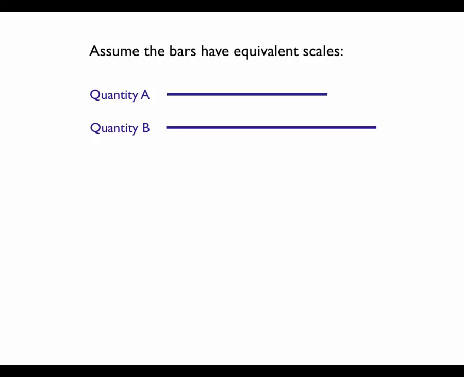When I say quantity A, I'm talking about something like height, or amount of time that's gone by, or weight. And then quantity B is something else, like the area or the temperature of something. The length of the bar is representing the value of the quantity.